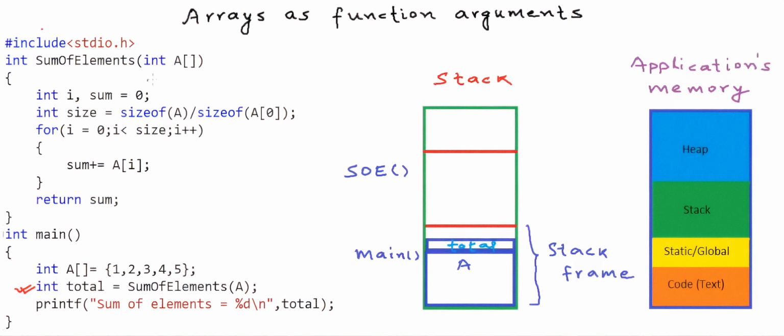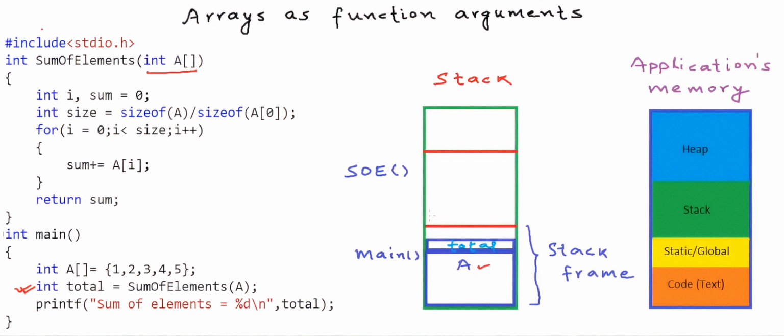Okay, now this parameter is a local variable to the function sum of elements. It is not this A in the main method. What happens when we make a function call is that the value of the variable in the calling function is copied to the variable in the called function.